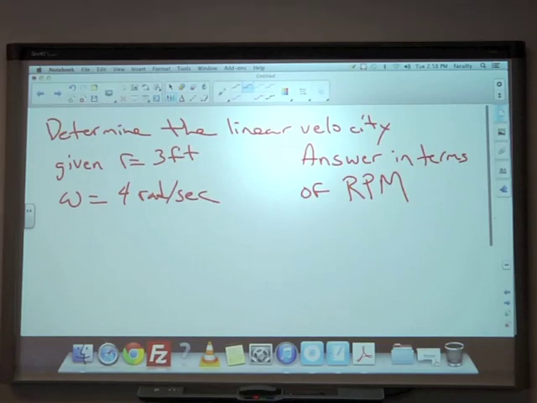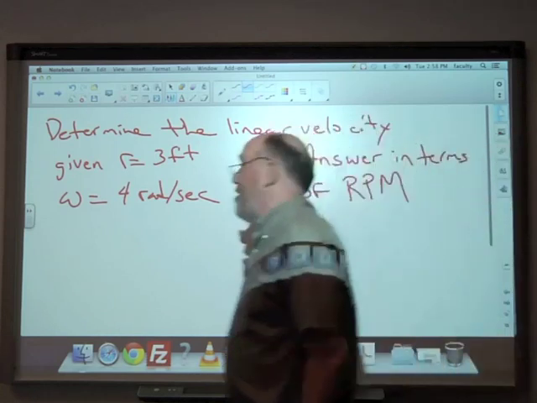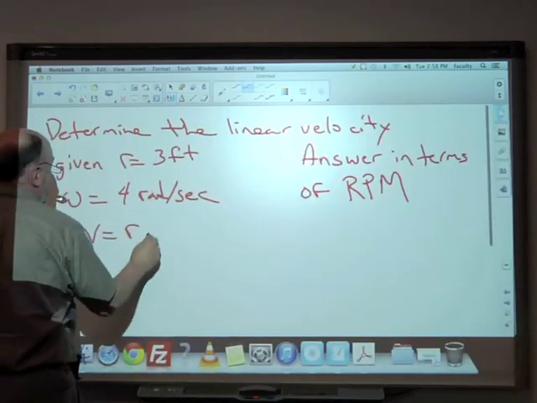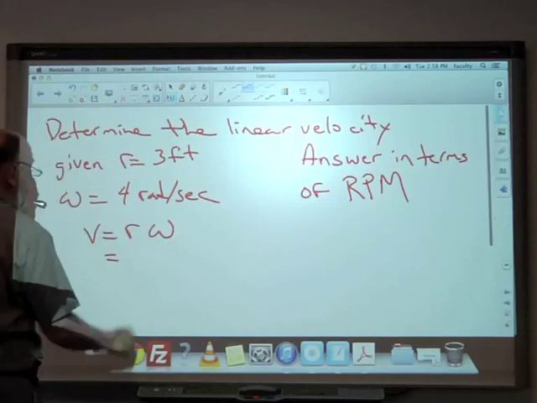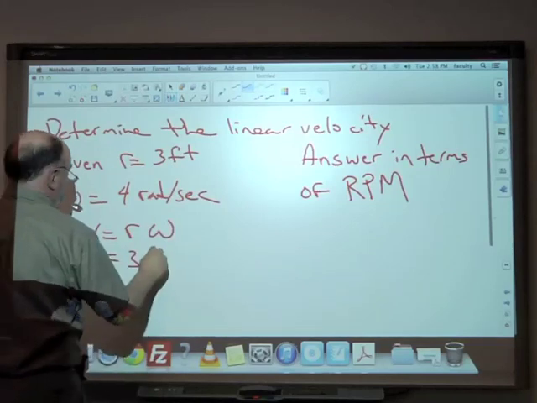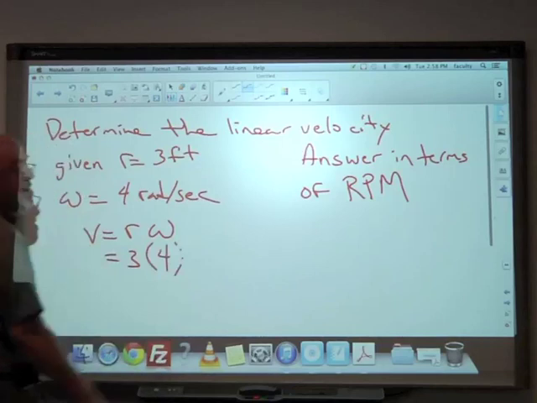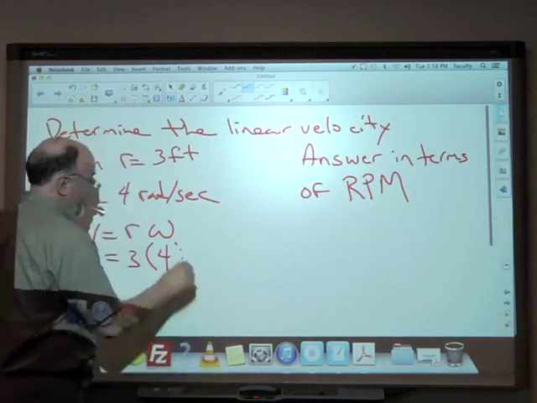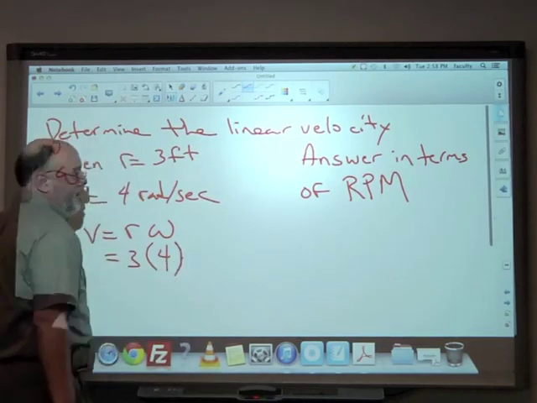All right. So, linear velocity is given by r times omega. V equals 3 times 4. Well, that's hard. Are we going to be able to do that without plugging it into the calculator? It says 12. Just double checking.